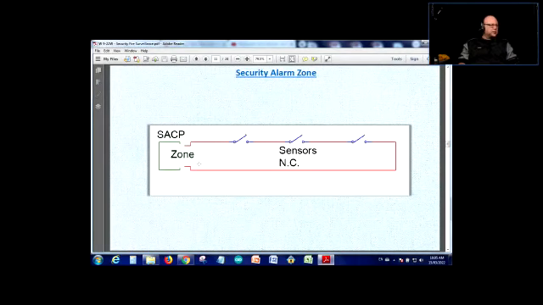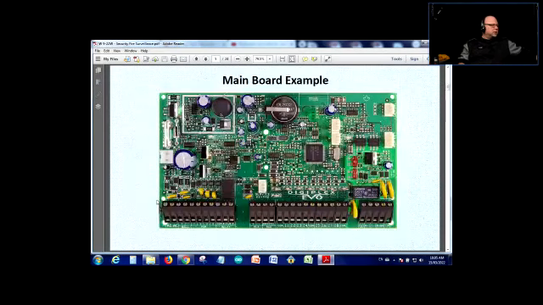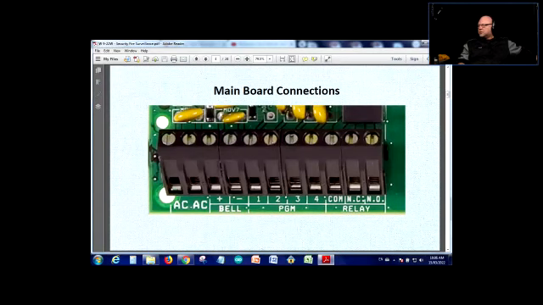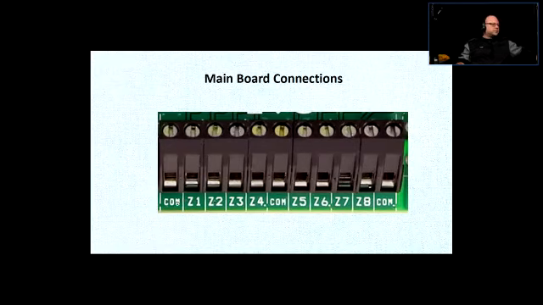This is a typical security alarm zone. A zone is a contact point, and the boards have contact points right here, and these are called zones. Here's a magnification of that: the section that consists of the zones, and zones are contact points.